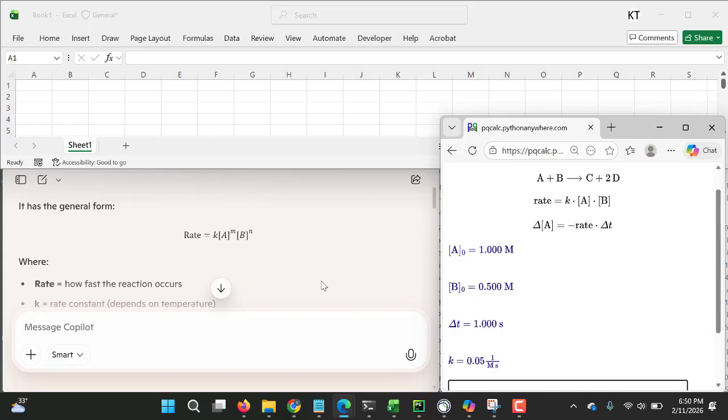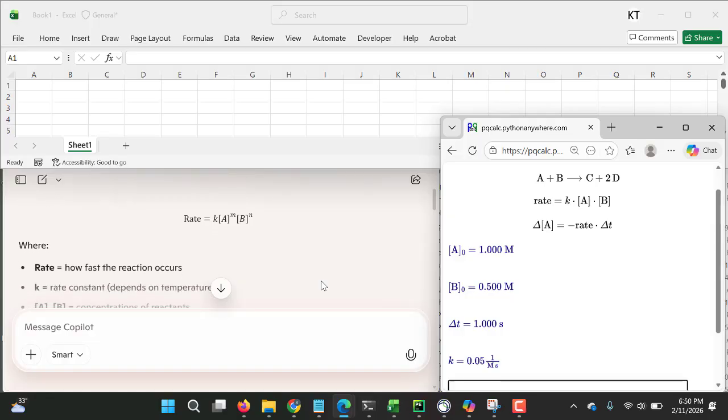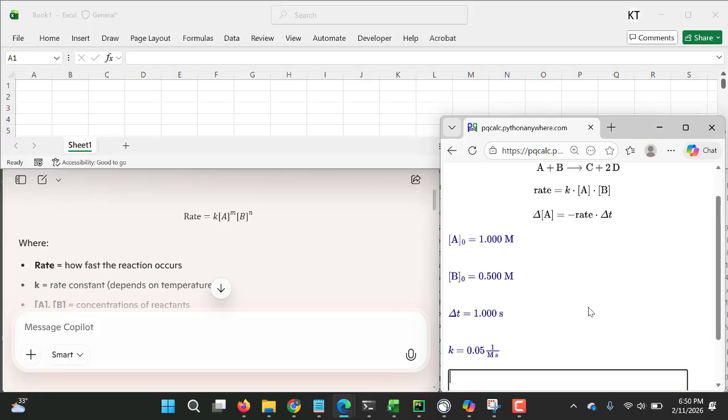Okay, what can we do with this? Well, for the specific case, we can apply these relationships. So if I want to know how much we predict A to change under these conditions, I can apply this after I figure out what the rate is. So let's do that first. If you have a formula like this, I think you can click on it.